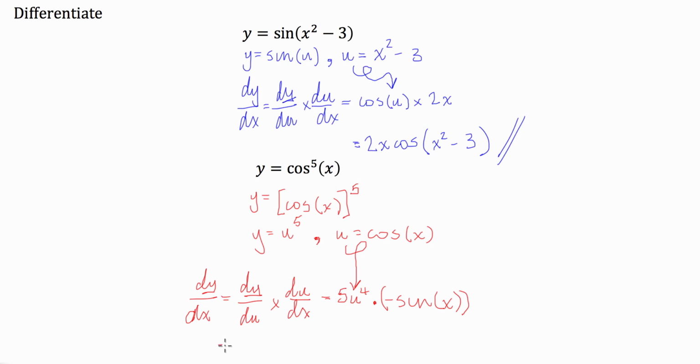So my dy dx is equal to negative 5 cosine to the power of 4 x, times sine of x.